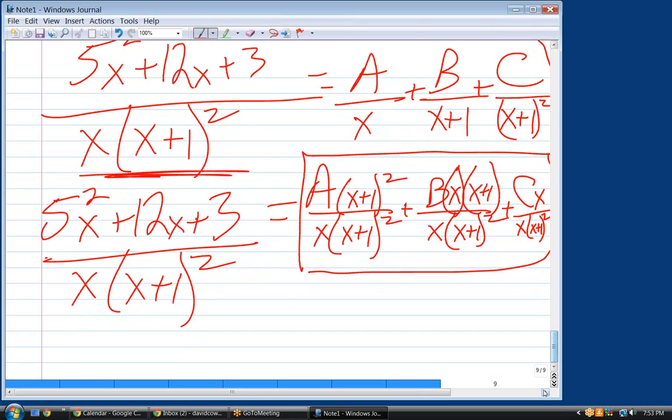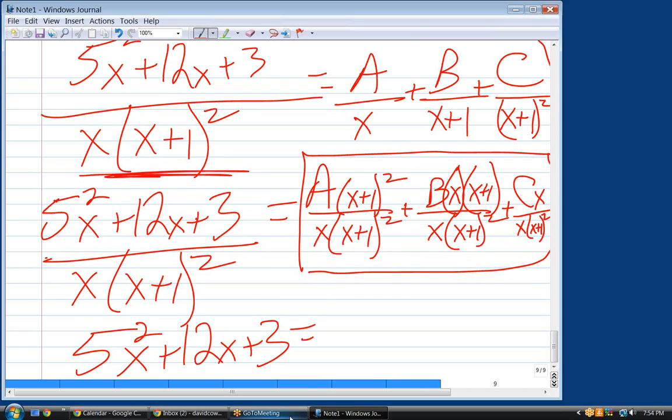So the next step would be to set 5x squared, this numerator on the left, equal to this numerator on the right. Well, I got to do some algebra here. This is ax squared plus a 2x plus a, excuse me.